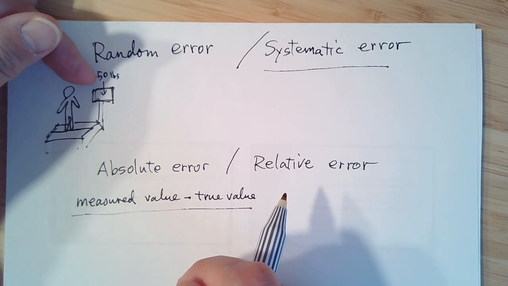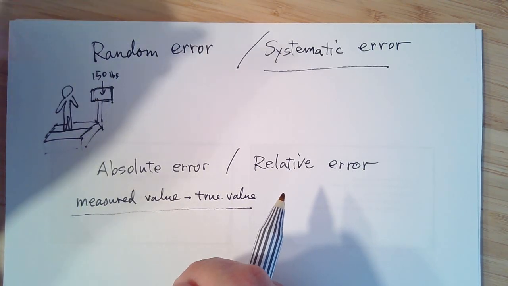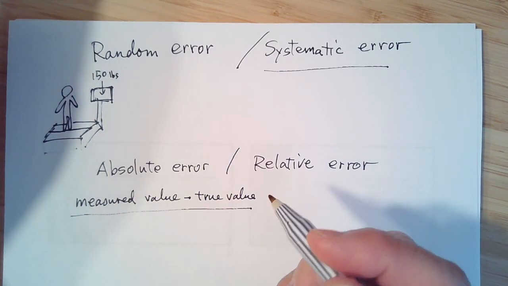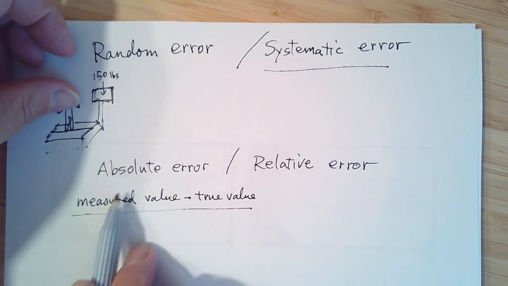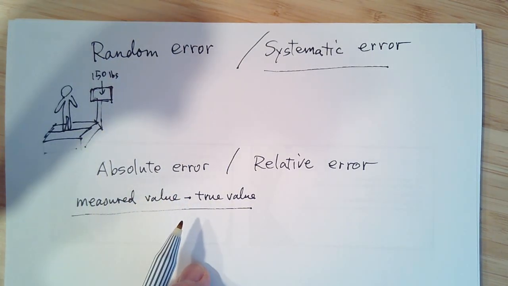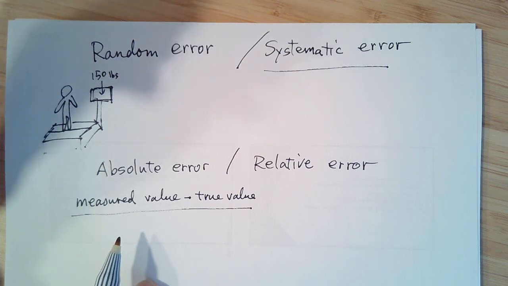When we talk about pounds, or dollars, or centimeters or square meters, things like that, and we talk about absolute error, the error, the difference, and the measurement itself have the same unit.